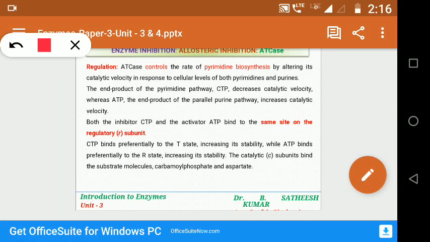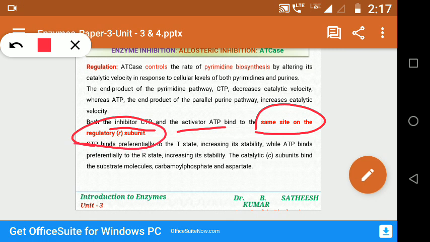So here we can see that the inhibitor CTP and activator ATP both bind to the same site on the regulatory subunits. So the binding site is the same. If ATP binds, then it activates, it transforms the enzyme from T to R form.